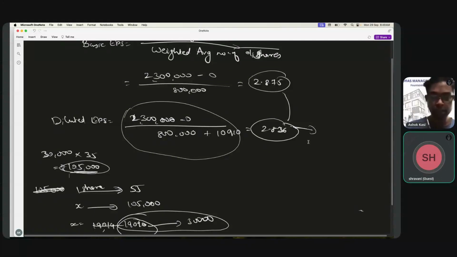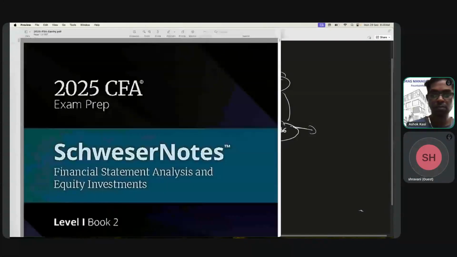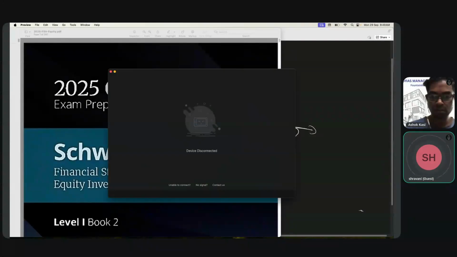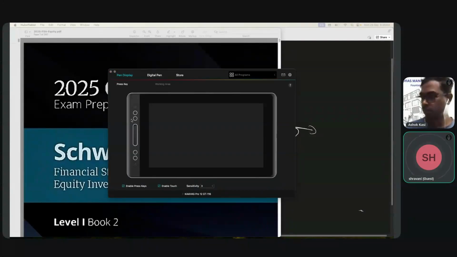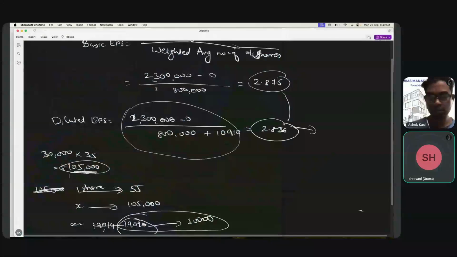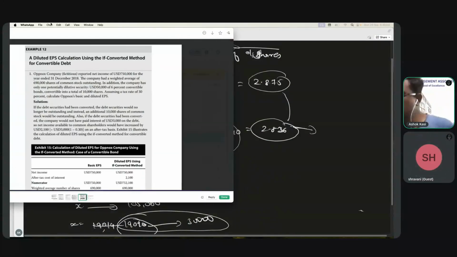Okay, so then the next question. This is the next question: the diluted EPS calculation using the if-converted method for convertible debt.